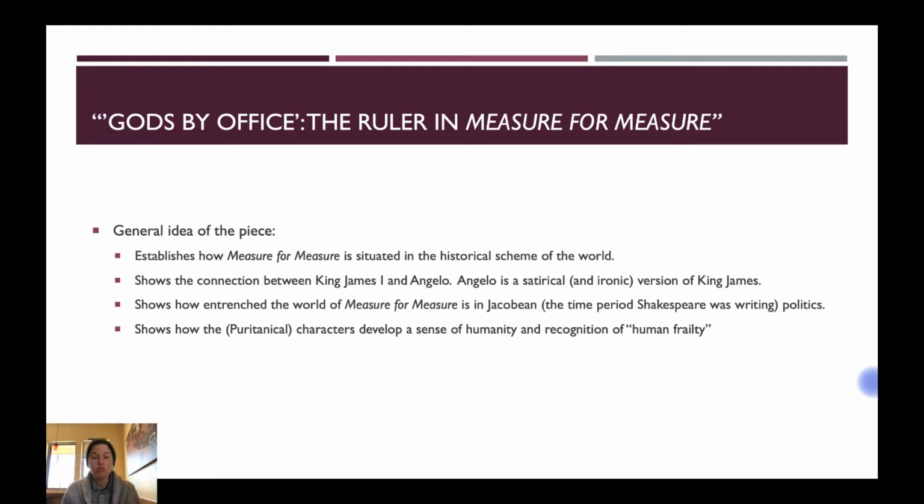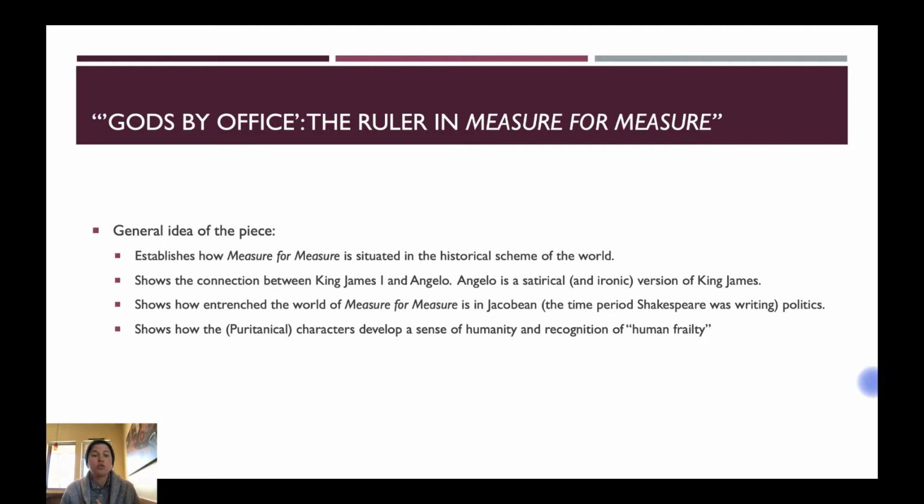So we have two. The first one is "Gods by Office, the Ruler and Measure for Measure." You can tell by the title that this is going to be a discussion about politics and the political field that's happening in Shakespeare's play. So the overall idea of the piece is that it basically does four things. It establishes how Measure for Measure is situated in the historical scheme of the world.